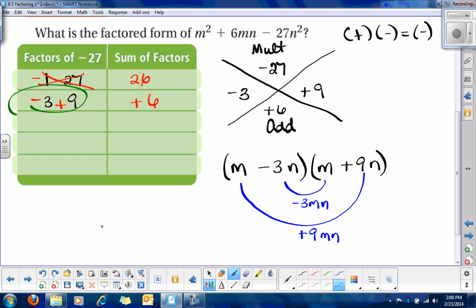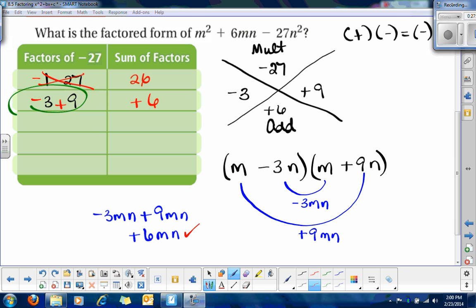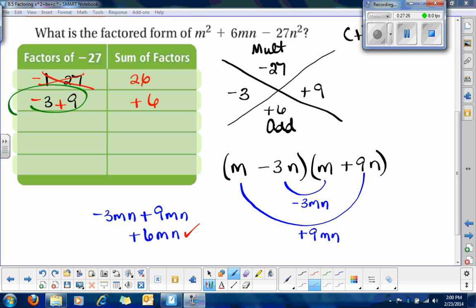And then if I have a negative 3mn plus a 9mn, that's going to give me a positive 6mn. So yes, I am correct. And that's problem 5.